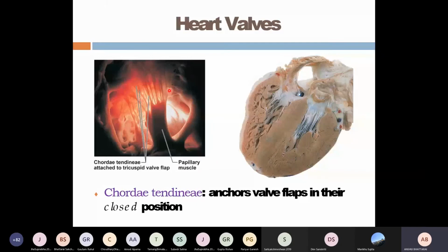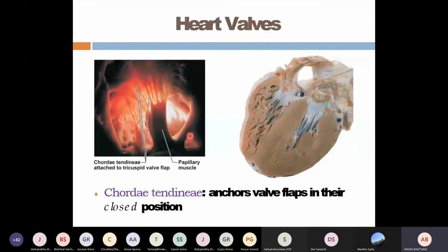They are attached to the valve and then to the papillary muscle. So when the ventricle contracts, the papillary muscles also contract and keep the chorda tendineae taut. That is why bulging or reverting of the valve towards the atrium is prevented. This is present in both of the heart chambers. However, I'm talking about the left ventricle here because there is a much greater chance of this kind of eversion of the flap or incompetence of the valve.